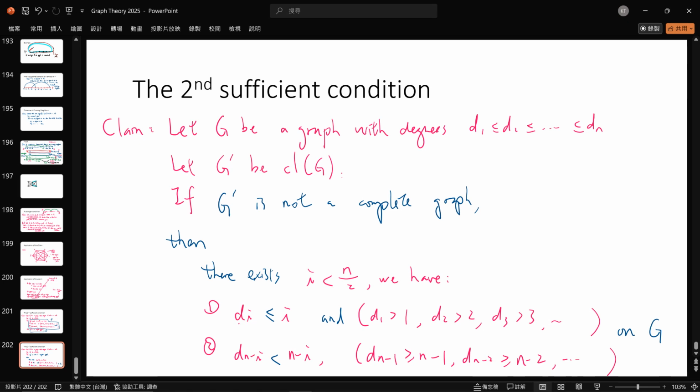Okay, so next I claim that to prove this, you only need to prove this. That is, we consider the degrees on the closure, not the original graph. So if we can prove this, then we have the previous claim.